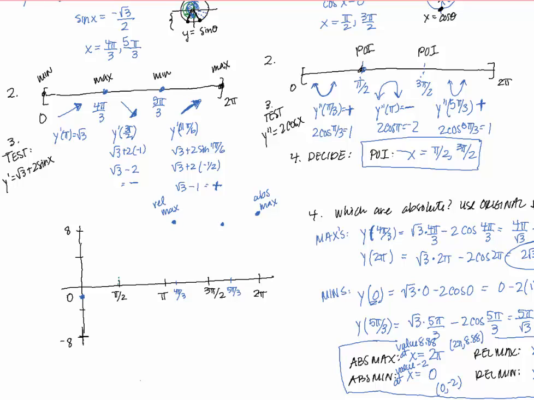So what I like to do is plot these extreme values, max and mins. So we have an absolute min down here, relative max, absolute max at 2 pi, and then a relative min at 5 pi over 3.